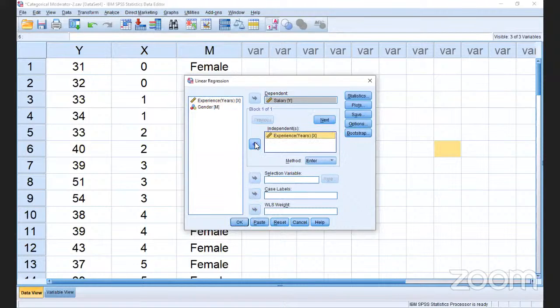We can use a simple regression equation because both variables are continuous, and we want to check whether the number of years of experience influences salary or not. What is the relationship between the two variables? Is it positive or negative? So I transferred salary to dependent and experience to independent variables, and click OK.